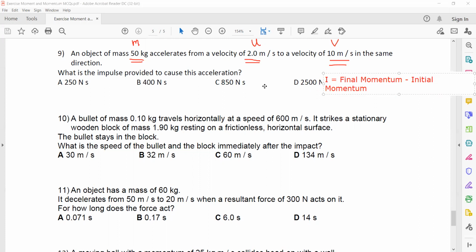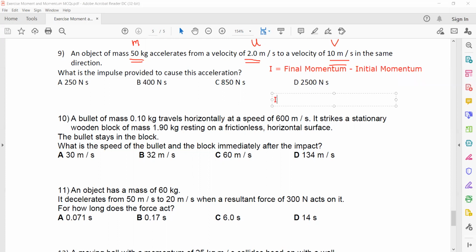The second formula for impulse is force multiplied by time. So we cannot use the second formula because we don't have force, we don't have time. So we can use the first formula, that's final minus initial.